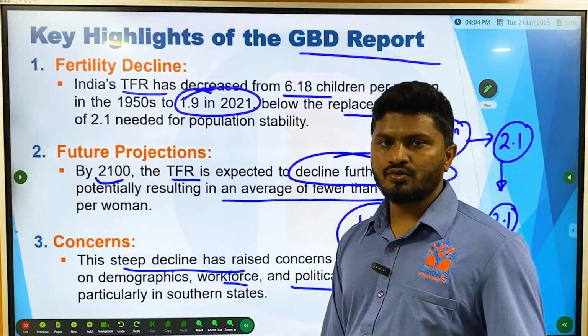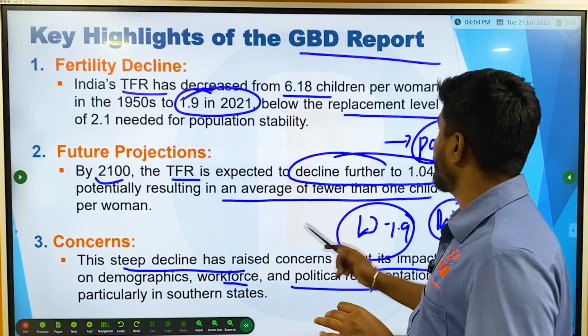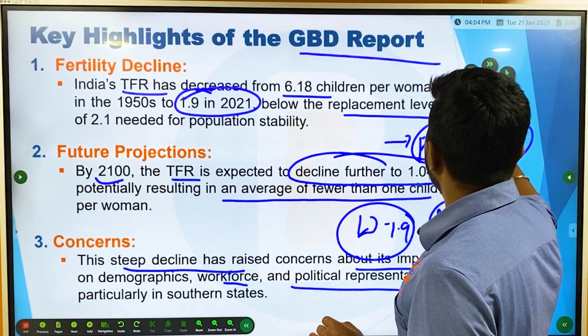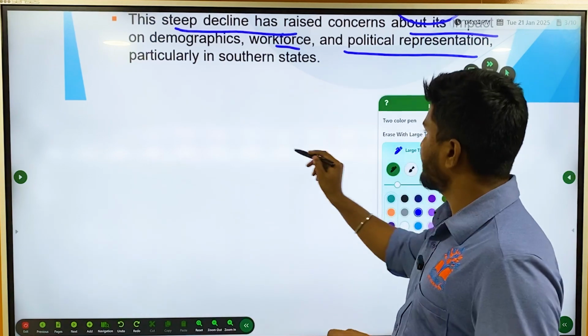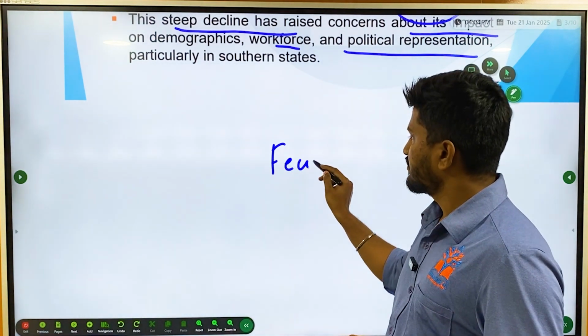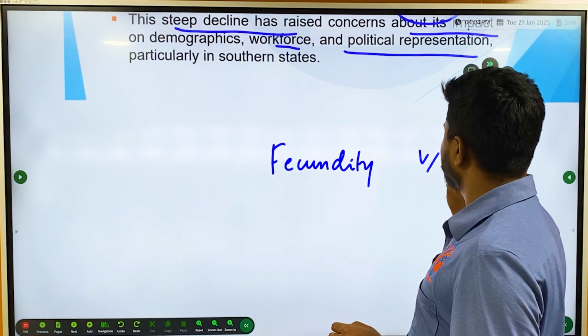You have to understand what fertility rate is. There are two important key terms in biology, that is fecundity versus fertility.